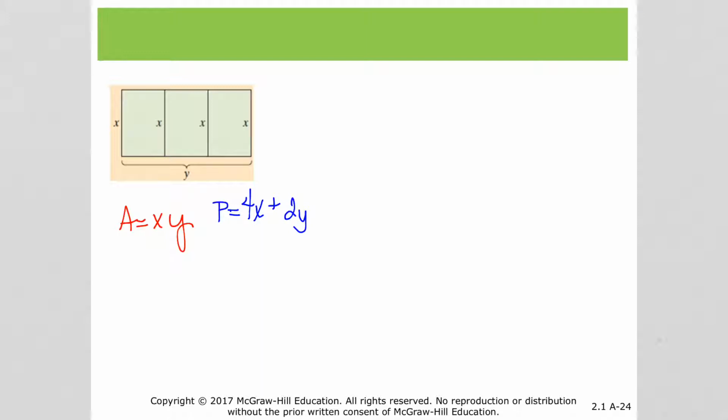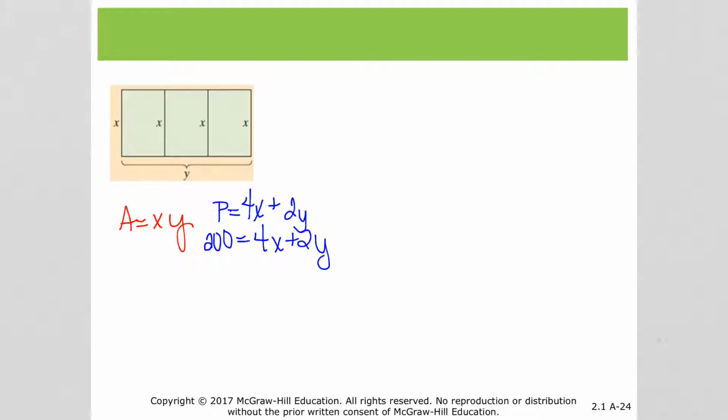Now, if we've got that information, we've got 2 equations, and we can use them to find x and y. So how do we do that? With the perimeter equation, we're going to start by solving for y, because we know that the perimeter is 200. We were told that in the problem.